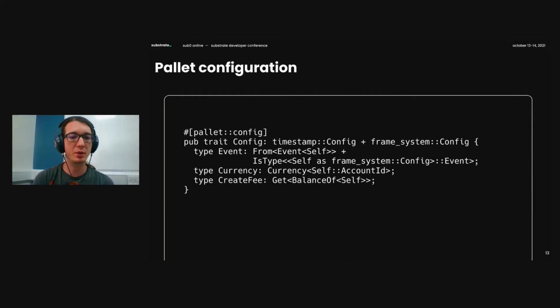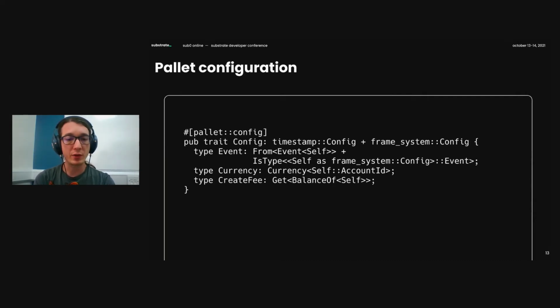Pallet configuration. So pallet configuration is a bit interesting. You can set any parameters here, if you have any parameters that your pallet may use. These are all types that come from what's configured in the runtime. So, for example, in our example here, we have the event type and the currency type. Now, these are pretty standard when you use the event pallet and the currency pallet, so nothing surprising there.